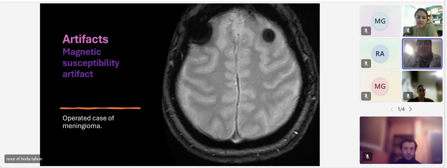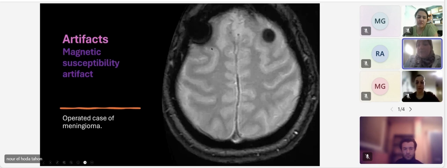So for example, this is named susceptibility artifact, and this is SWI. You can see there is susceptibility artifact here and there, because the patient has meningioma and they removed it, and there is some metallic material here, maybe some clips or a prosthesis they put here.